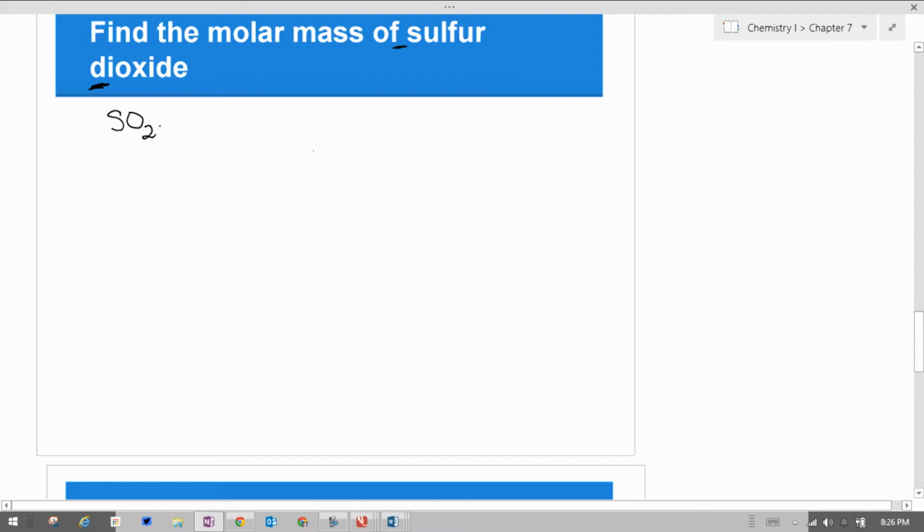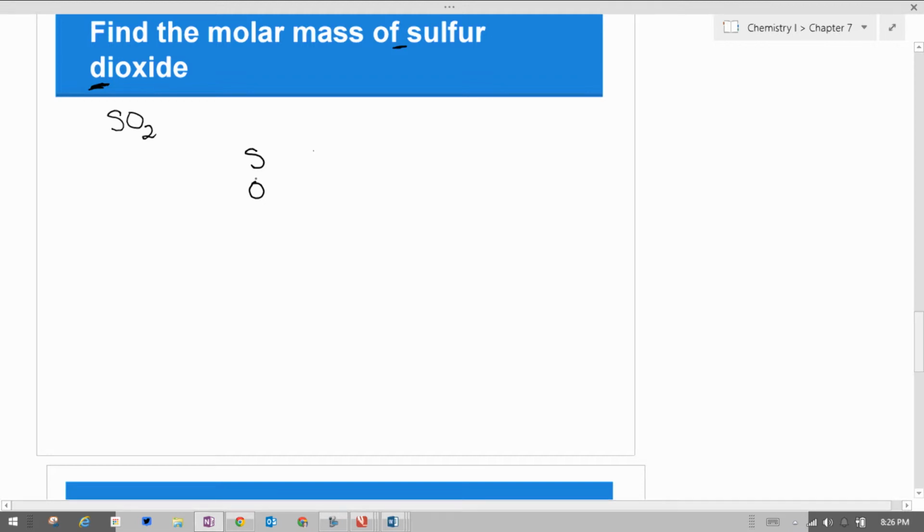Sulfur dioxide is the name for SO2. Alright, so now I can actually find the molar mass of this. The way that I like to set up my problems is to keep it nice and organized, to make sure I don't miss anything. So I make a list of all of the elements involved in this particular compound.